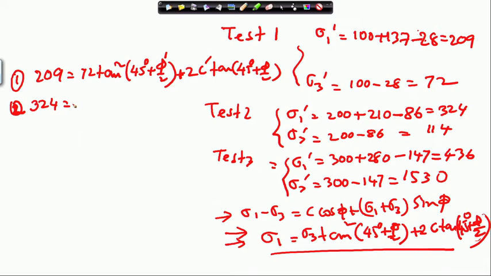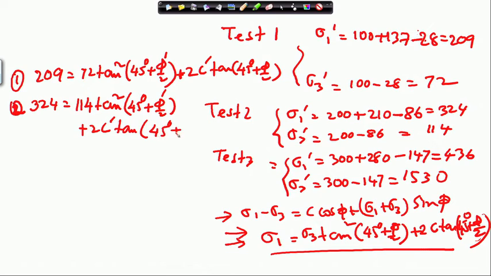Similarly, from the second test I can write 114 tan square 45 degrees plus phi by 2 plus 2 c dash tan 45 degrees plus phi by 2. I can give tan 45 degrees plus phi by 2 a name, and then it will be easy to handle the equation.